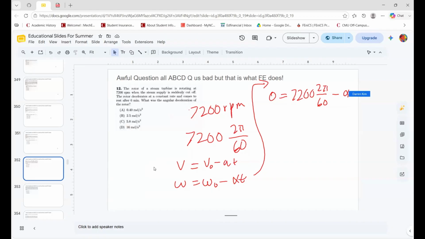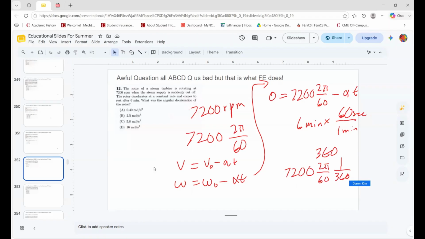What is t? T is 6 minutes. So 6 minutes multiplied by 60 seconds per minute, that's 360 this time. So it is negative 7200 times 2 pi over 60, over 360. And that is basically it.